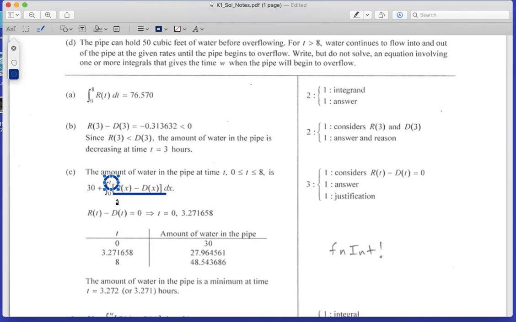See, this is a function of t. You give me a time and I'll give you an amount of rainwater. So the variable is in the bound of the integral. What's with these x's? Well, it really doesn't matter what variable you use here, as long as those variables match what's ending in dx.